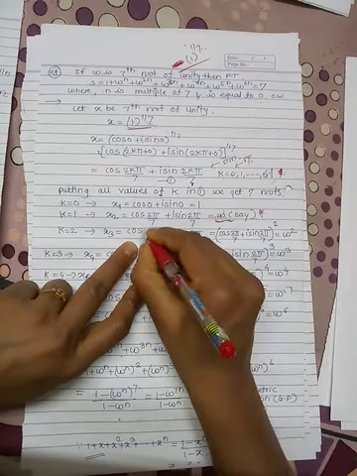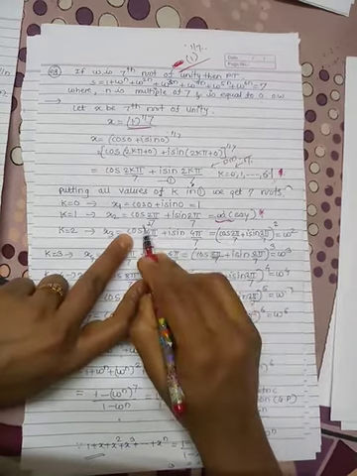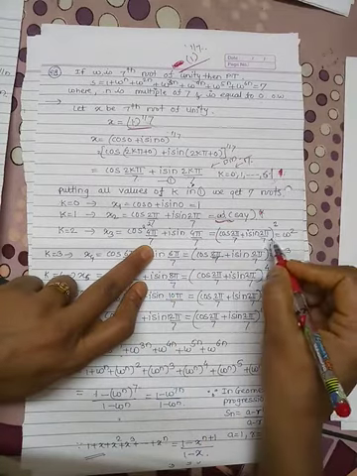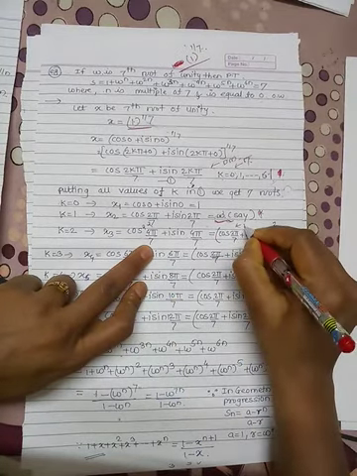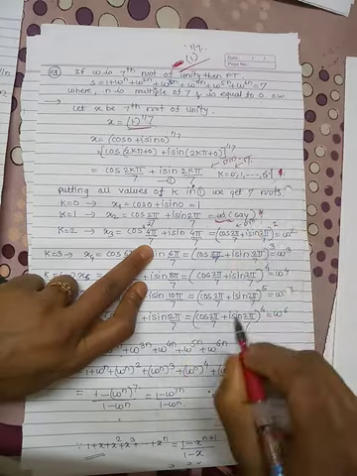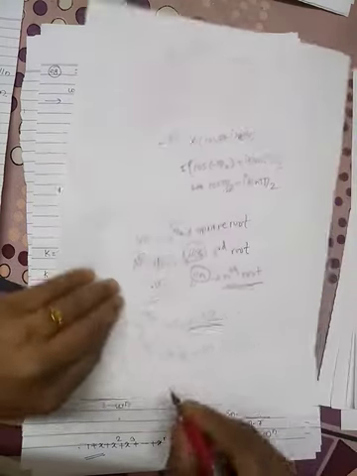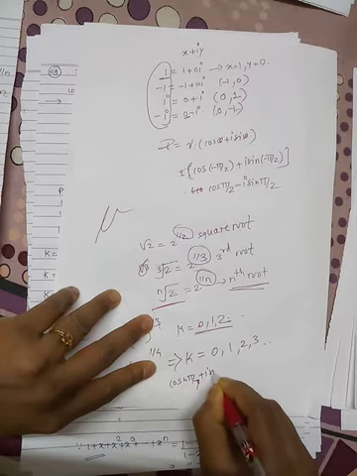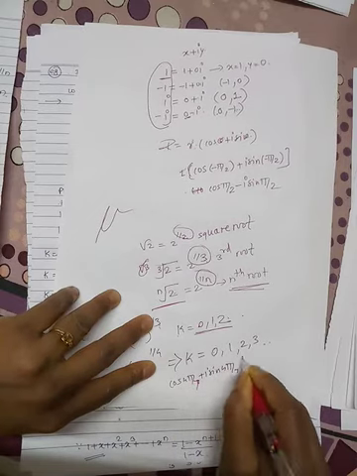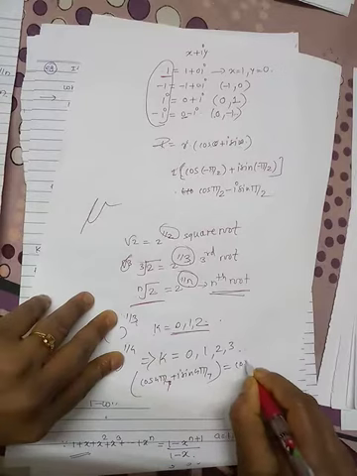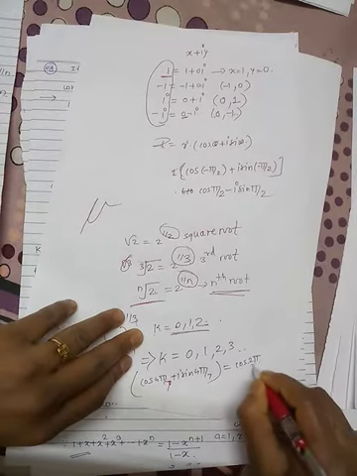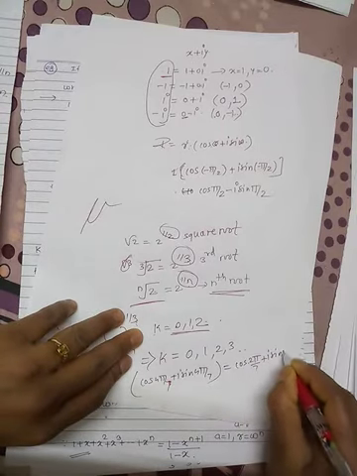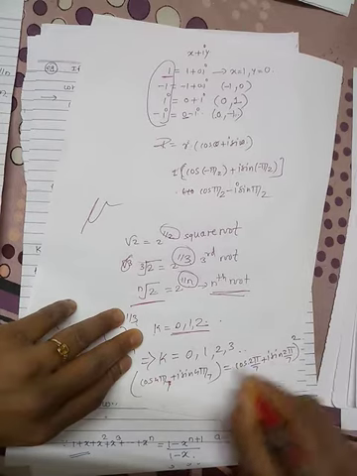Split this 4 as 2 into 2, and this 2 you can take in the power using De Moivre's theorem in the reverse order. That is, cos 2 pi by 7 plus i sin 2 pi by 7 raised to 2.